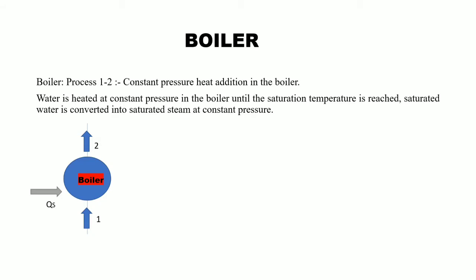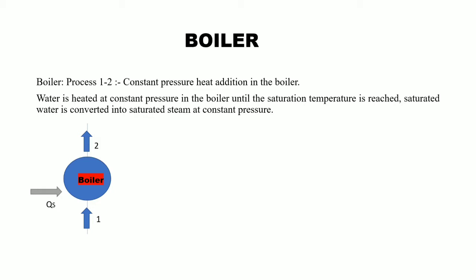That is the process 1 to 2. It is the constant pressure heat addition in the boiler. Means in the Rankine cycle, the first component is the boiler. So this is the boiler, and in the boiler the process carried out is heat addition.